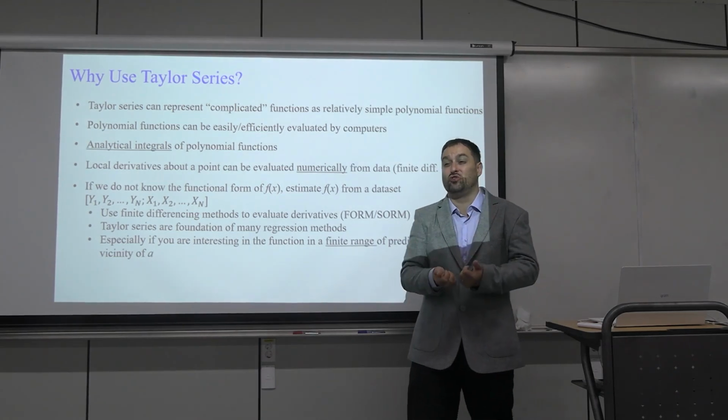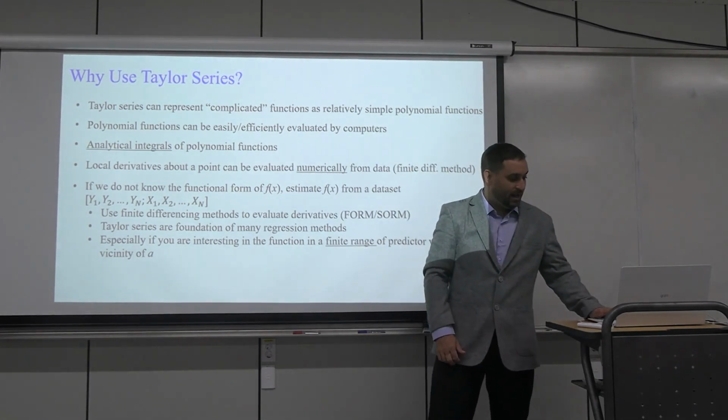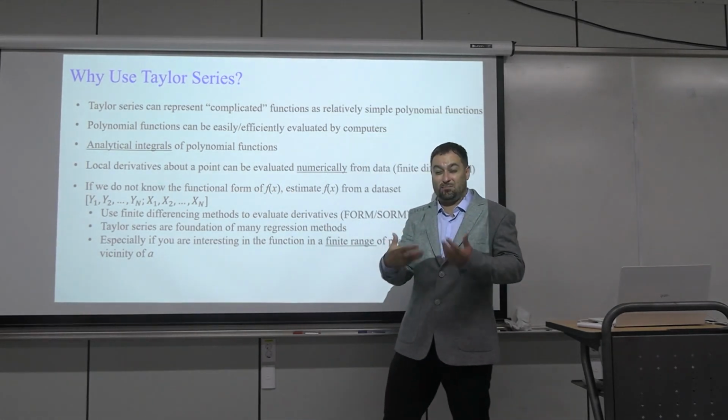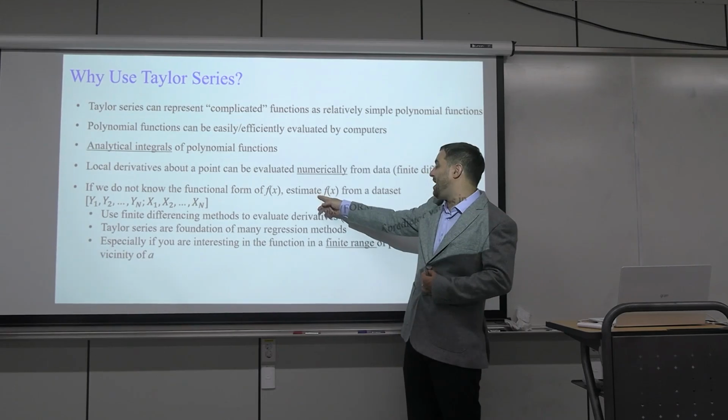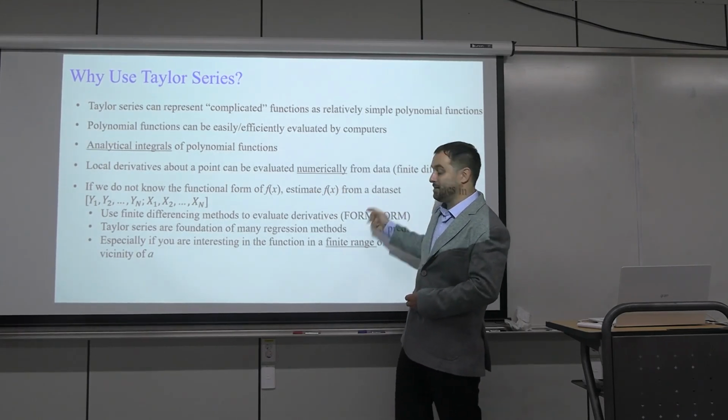This goes back to what we talked about in parametric regression: you as the analyst have to assume a functional form of your regression model. If you don't know the functional form or you don't have any information about the underlying physics, we have to estimate the function of x from a data set.